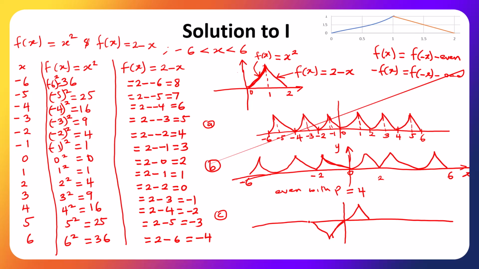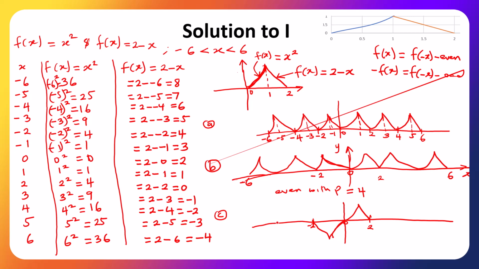So this is the first one. Then again, note that this is 0 and this is minus 2. This is minus 2 and this is 2. Taking care of the period, which is 4, we can generate another plot that looks like this.